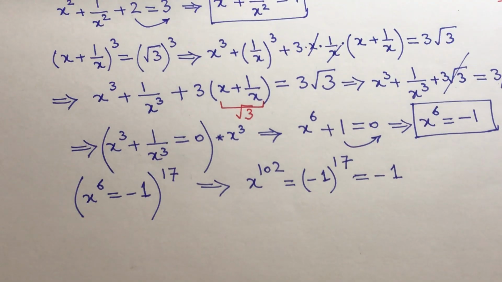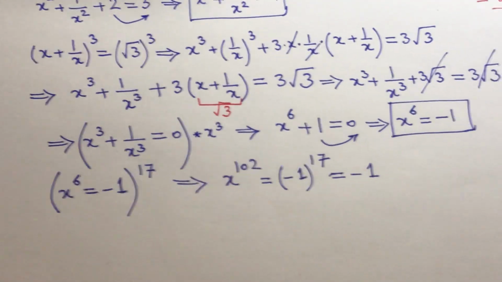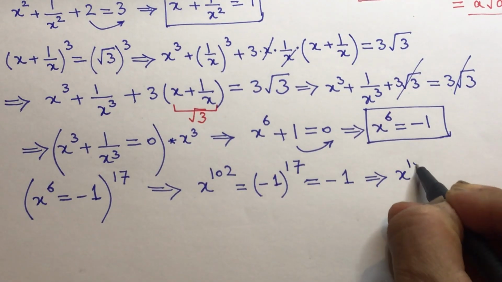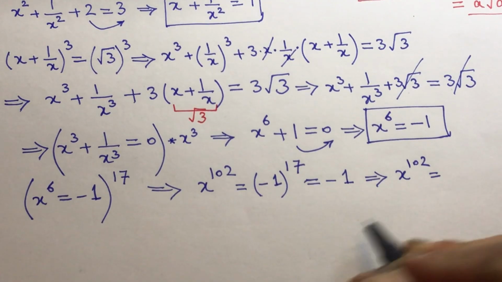Okay, now the result: x to the 102 is minus 1.